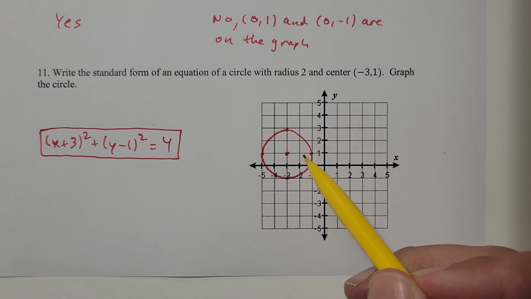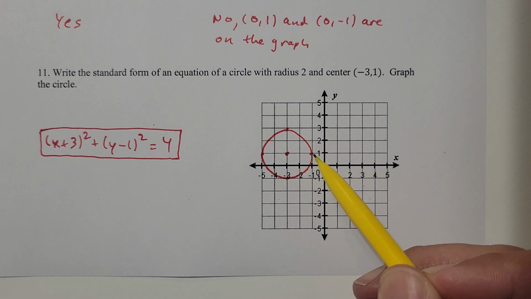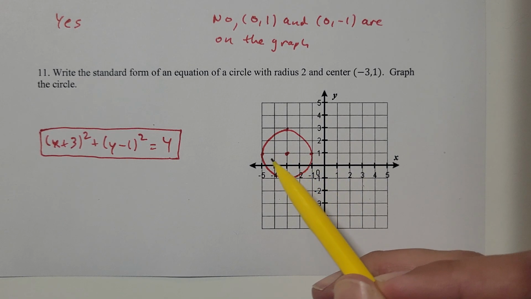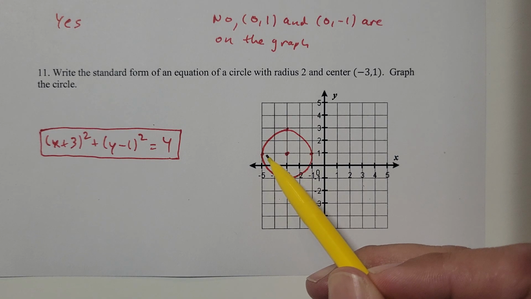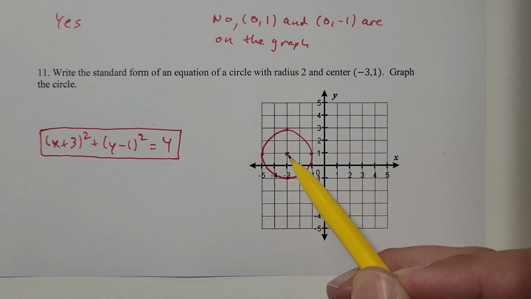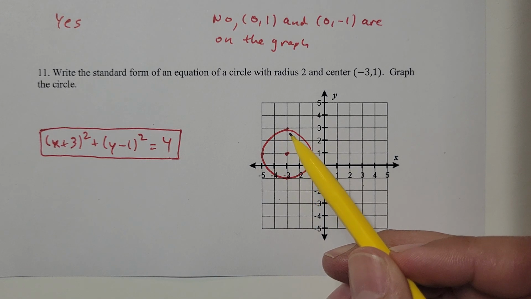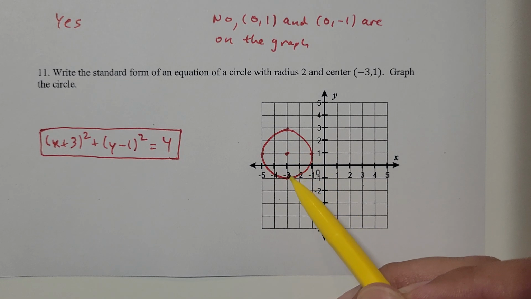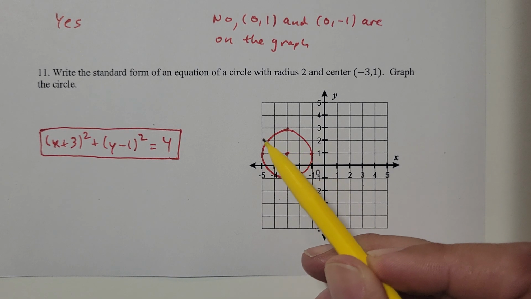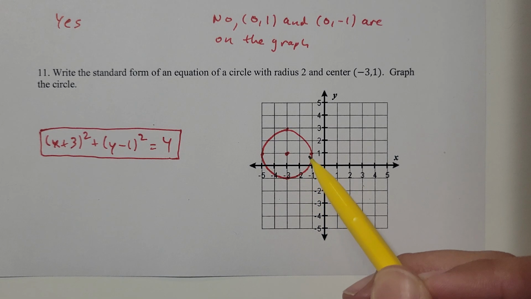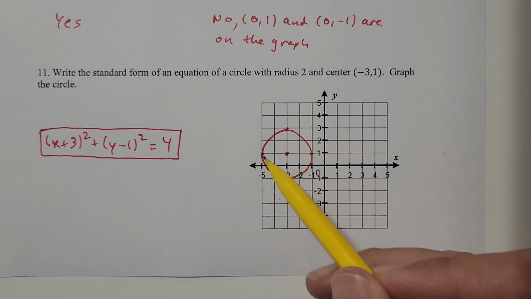So if I go 2 units to the right of the center, that brings me to the point negative 1, 1. 2 units to the left of the center brings me to the point negative 5, 1. 2 units above the center brings me to the point negative 3, 3. And 2 units below the center brings me to the point negative 3, negative 1. So then after I have these 4 points kind of hovered around the center there, I'm going to draw a circle as best I can.